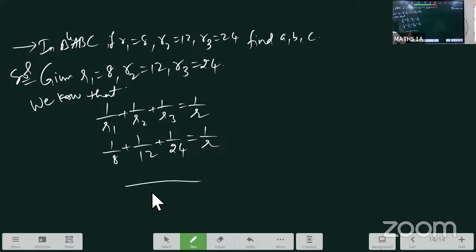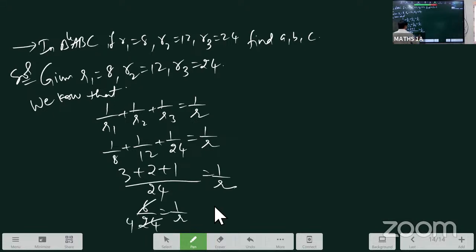8, 12, 24, LCM is 24. 8 3s are 24, 12 2s are 24, this is 1. LCM I took. So 6 by 24 equal to 1 by r. Means 6 ones are 6, 6 fours are 24. Means 1 by 4 equal to 1 by r. Therefore, your r equal to 4.